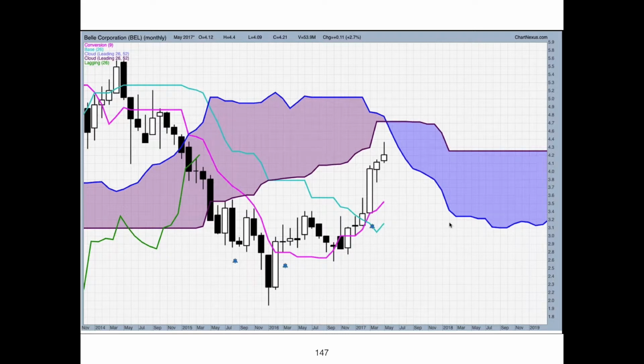So what is the resistance of Bell based on the monthly chart? Can anyone guess? The resistance is at 470. So our assumption is that price will be rejected at that level because it is a strong resistance. What do you find at 470?